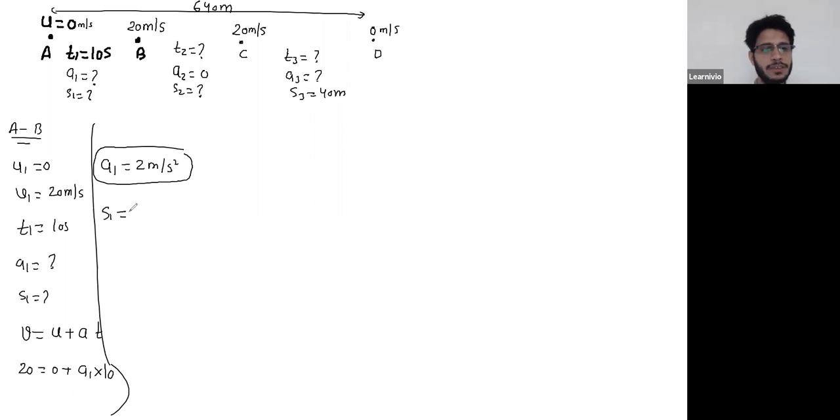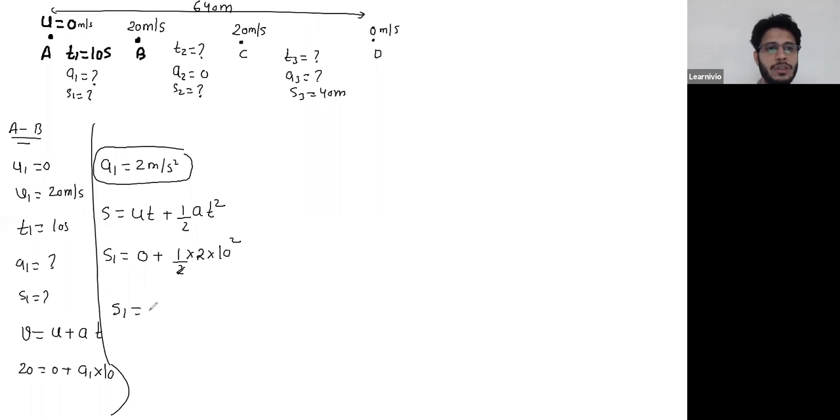Displacement from A to B is s is ut plus half at square. So S1 is u, which is 0, plus half acceleration, which is 2, into t square, which is 10 square.